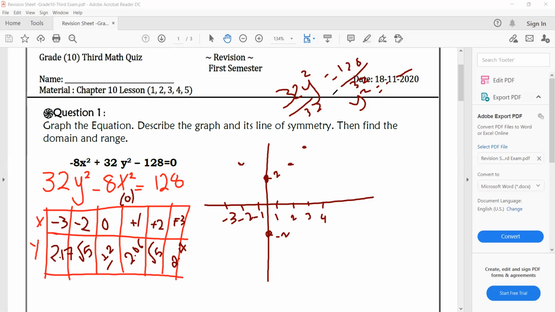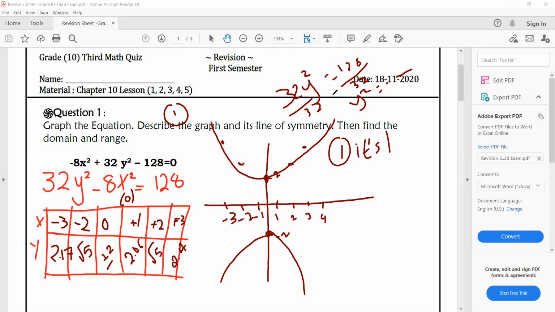At point negative 3, we have this one. And if you put now another points, you will find that after you sketch them, the shape here is hyperbola. So here you have to put the points, connect between the points, and you will find that the shape here is hyperbola. So the first one, if you want to describe the graph, you will tell me it is hyperbola.